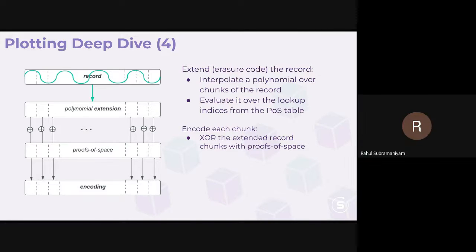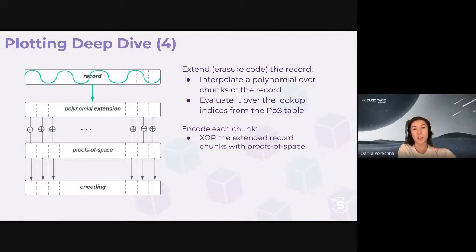You are actually evaluating the polynomial over a different set of points and storing it, right? In literature it's also called polynomial oversampling, but that sounds too machine learning-y. So we didn't have a good name yet.